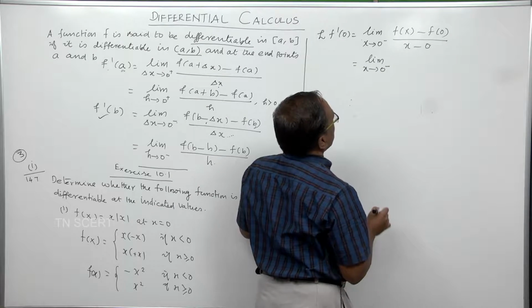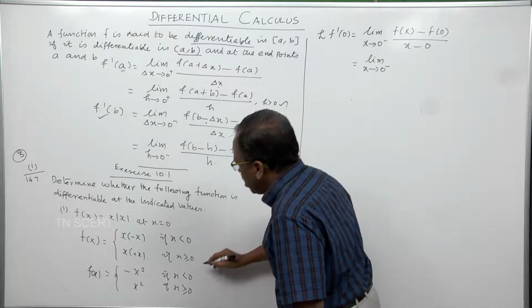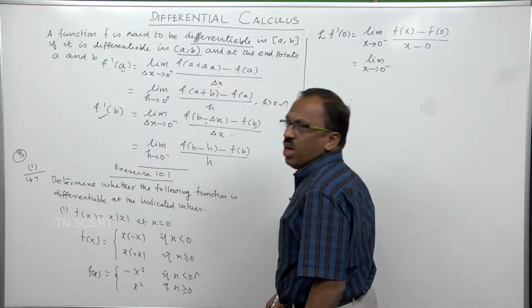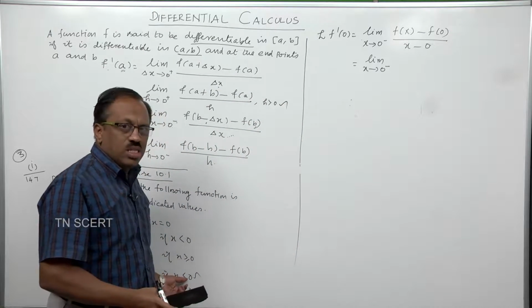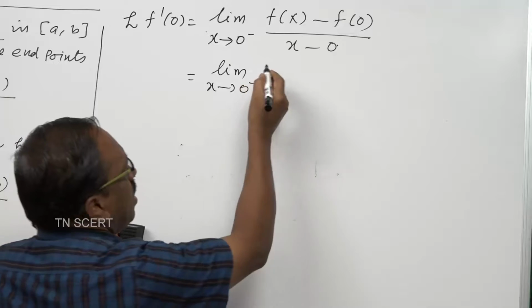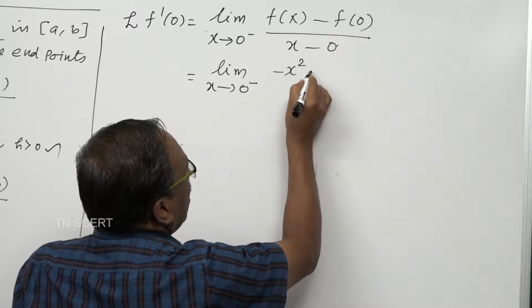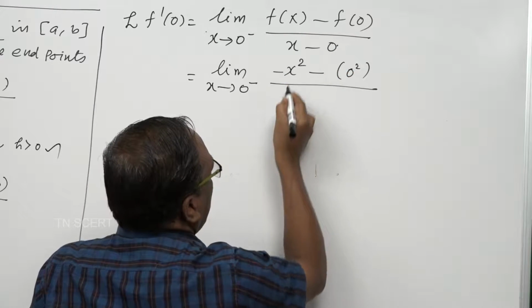Here limit x tends to 0 minus. For f of x, for the left limit we must consider only x less than 0, so f of x is minus x square. In the place of f of 0, it is 0 square, divided by x.